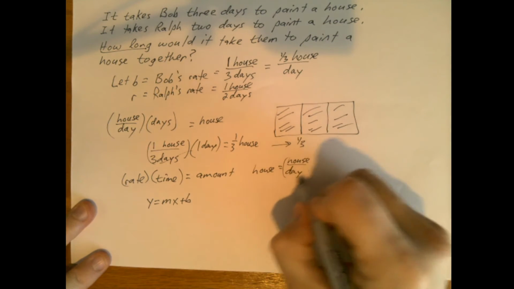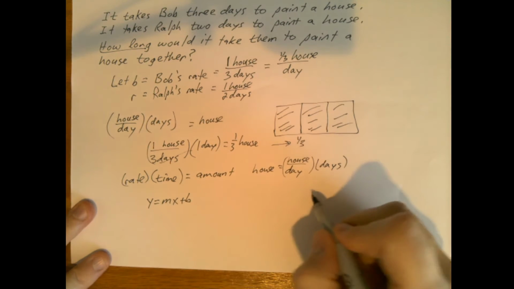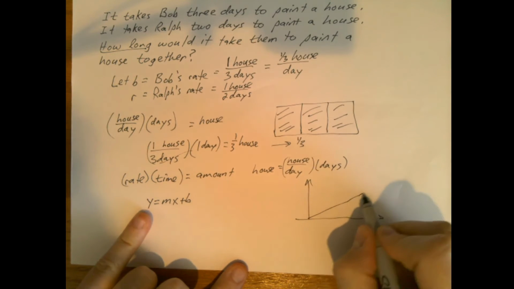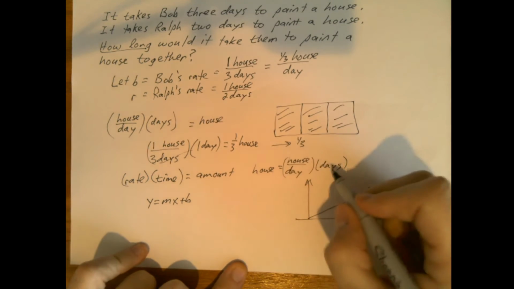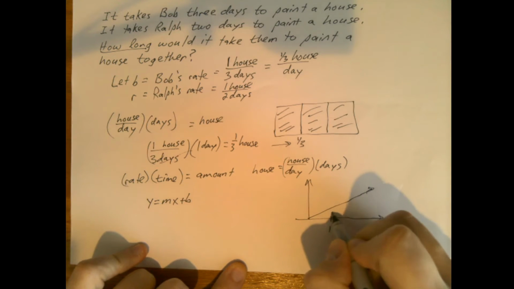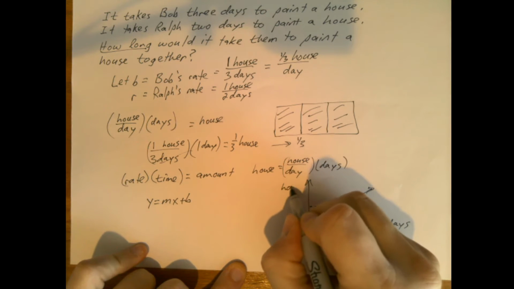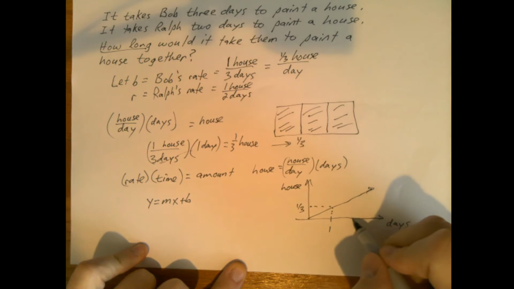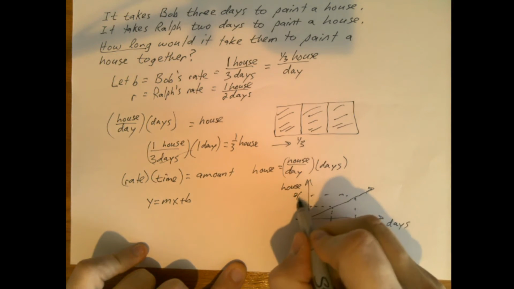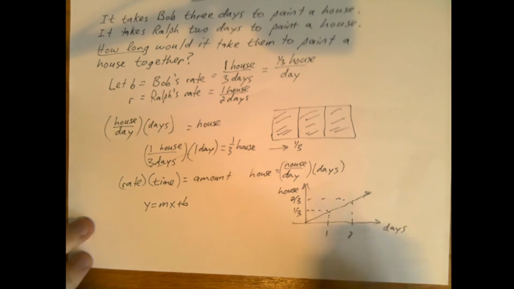Times the number of days. And then the b is 0 here. So we're looking at this. So days, 1 day, 1/3 of a house. So this is amount of houses painted. 2 days, 2/3 of the house, and so on. Okay? So that's the basic idea.